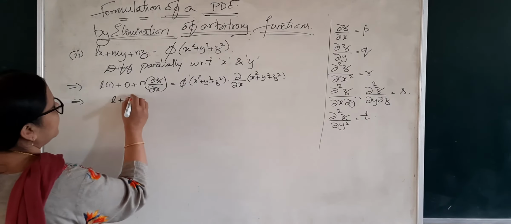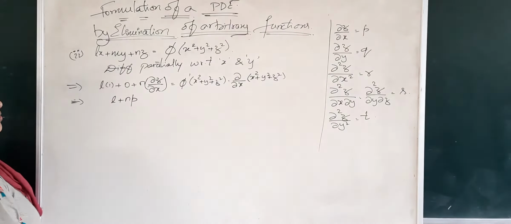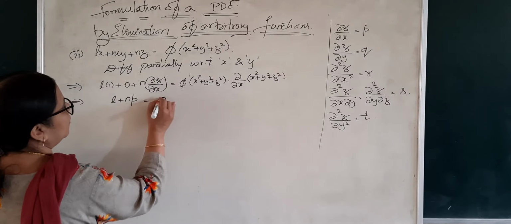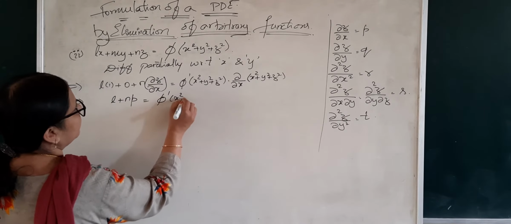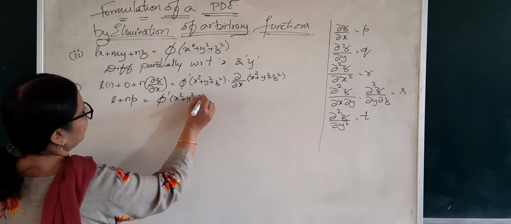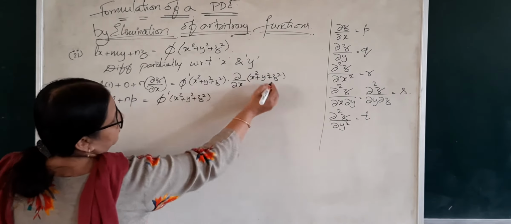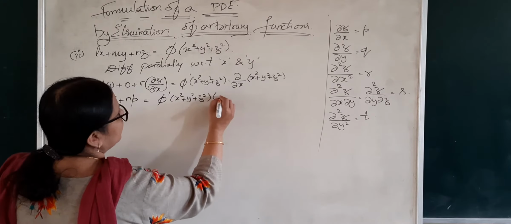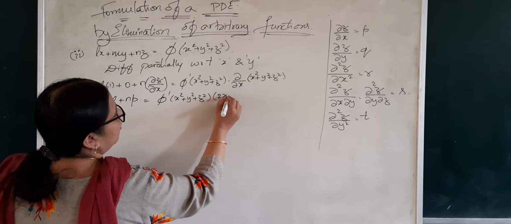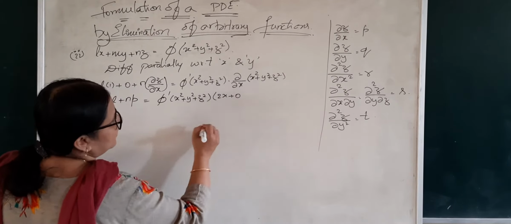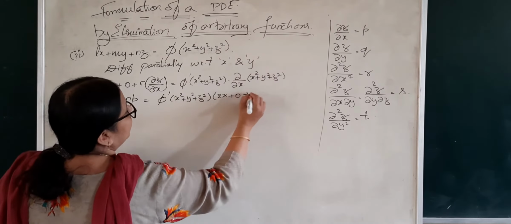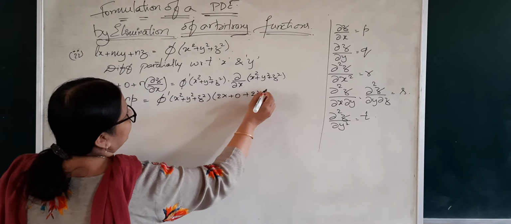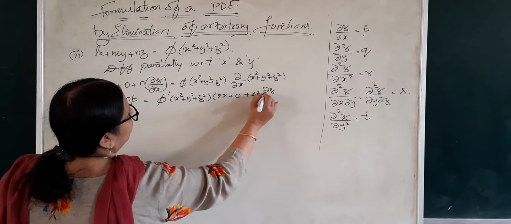Consider the standard notation, that is P is dou z by dou x is equal to phi dash of x square plus y square plus z square as it is, and partial derivative here with respect to x will be 2x plus derivative of y square is 0 plus for z square is going to be 2z into dou z by dou x.